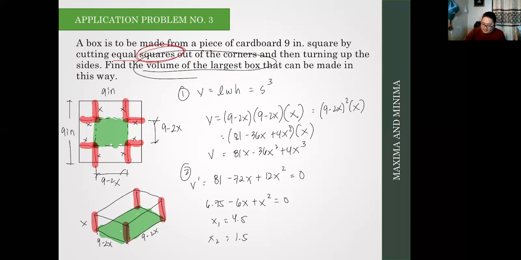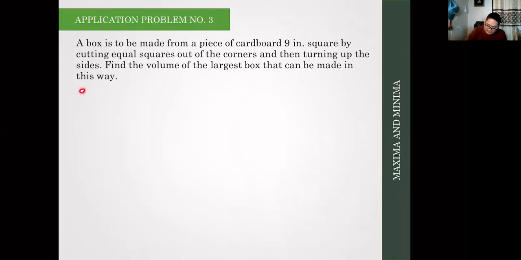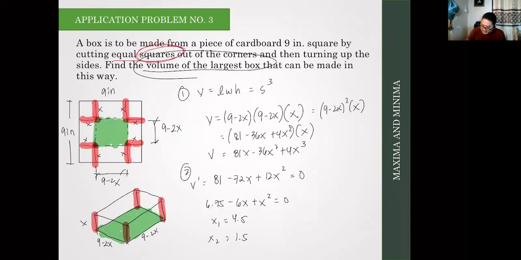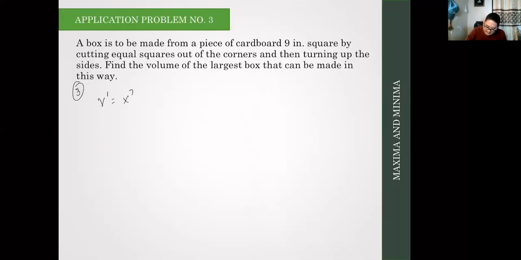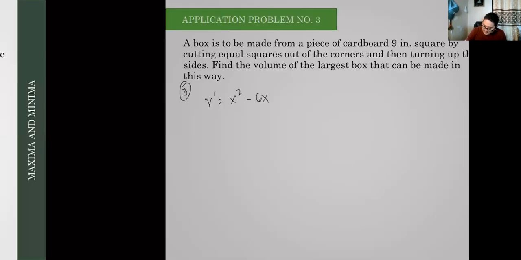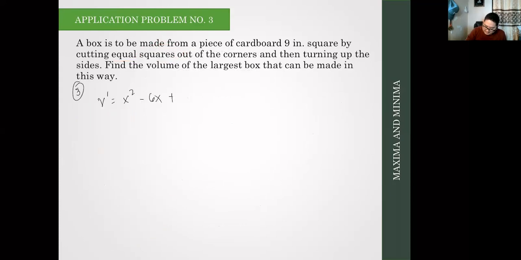Okay? So sa third step natin, kunin natin yung second derivative ng volume natin. So, yung first derivative natin is equal sa x squared minus 6x plus 6.75. Okay? Yung second derivative niyan is 2x minus 6. Okay?